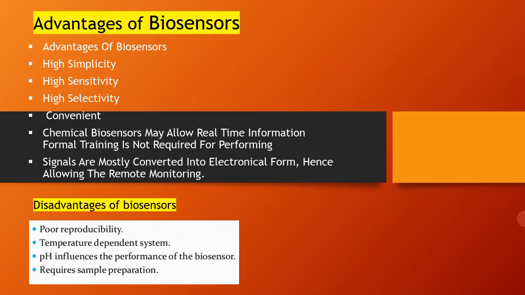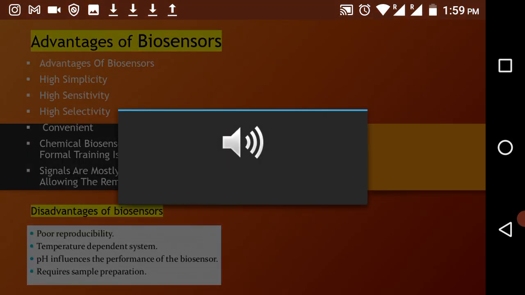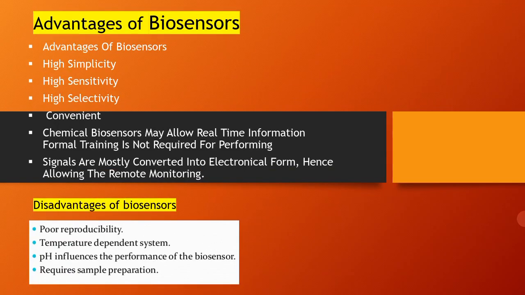They can be used for real time information. Signals are mostly converted into electronic form, therefore allowing remote monitoring. This is an important point: in biosensors we use electrodes, therefore our signals are converted into electronic signals, allowing remote monitoring.